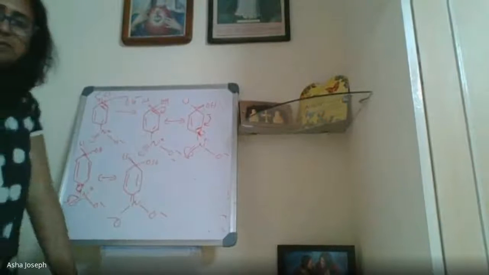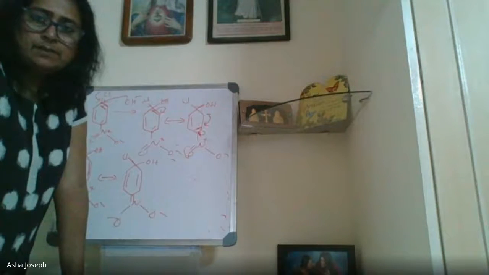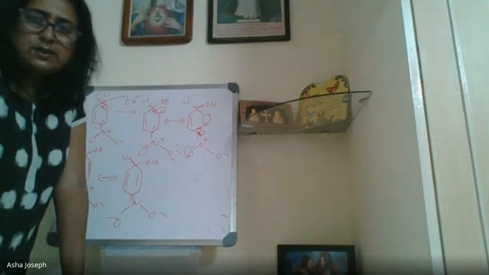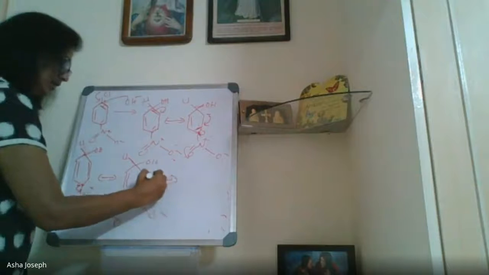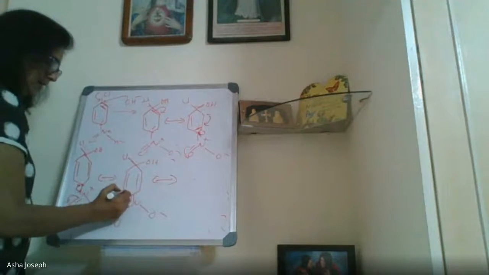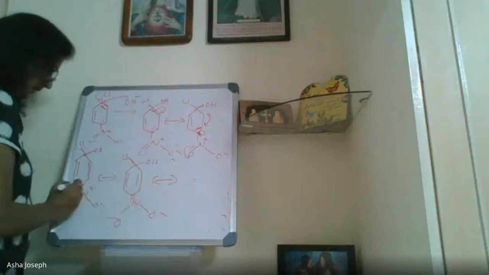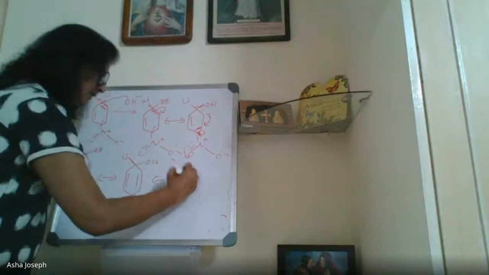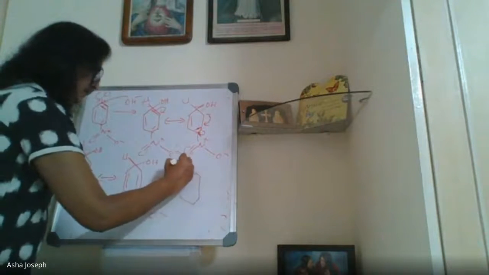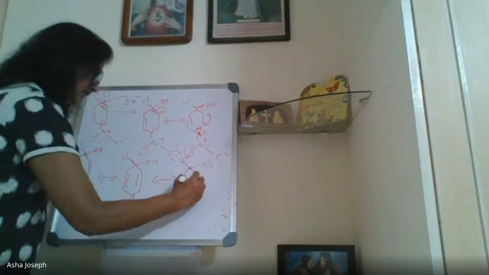So I think in the book they explained with ortho. It's okay. Ortho also we can explain, with the para also we can explain. So another resonance structure, this withdraws, but then that can come here. It can come here. So the next resonance structure is this. ClOH, this.